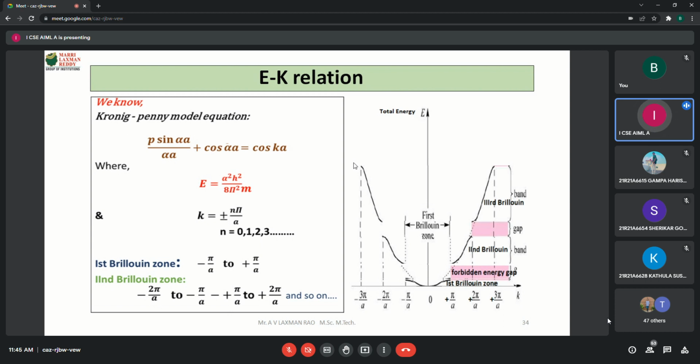I have seen in your assignment that you have drawn it continuously as a single parabola. Don't draw like that. Am I clear, students? Here a small gap should be there, nothing in between these two. Then only is it called a forbidden energy gap. Wherever there is continuity, that region is the allowed energy band. Is it okay?